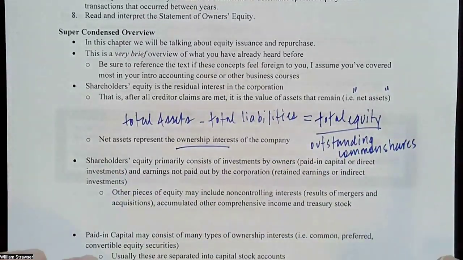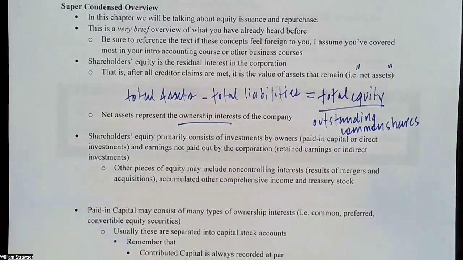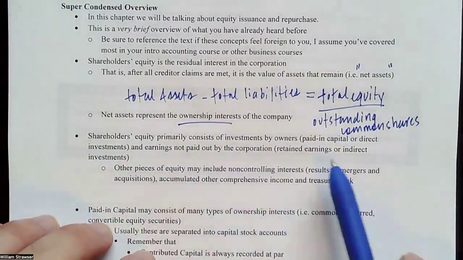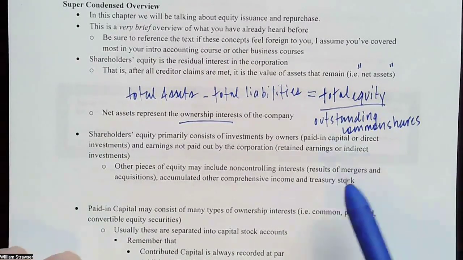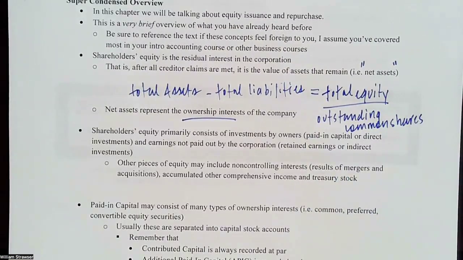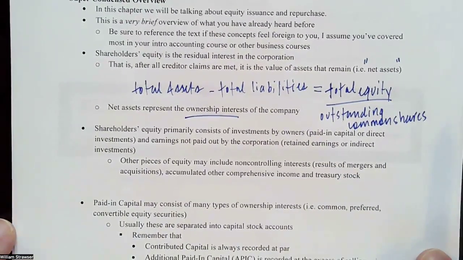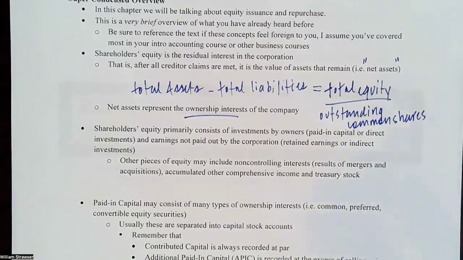But it also is comprised of the earnings that are simply not paid out by the corporation, earned but not paid out. So that's our retained earnings, and those are sometimes called indirect investments. There are other pieces, but really, common stock, additional paid in capital, preferred stock if there is any, and retained earnings make up the bulk of the equity section.